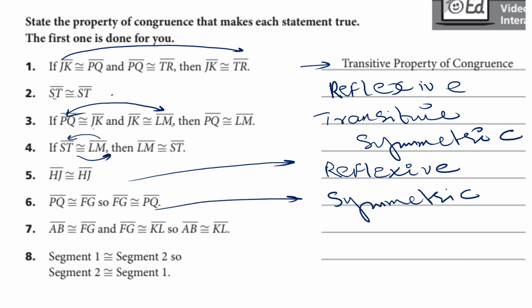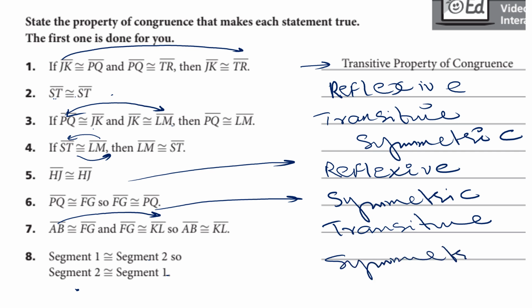Then we have AB is congruent to FG, FG is congruent to KL, then AB is congruent to KL. So this is again our transitive property. This is segment 1 is congruent to segment 2 and segment 2 is congruent to segment 1. So they just interchange their places. So it is our symmetric property.